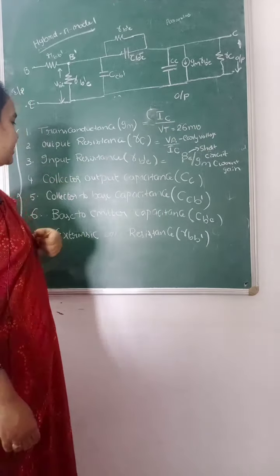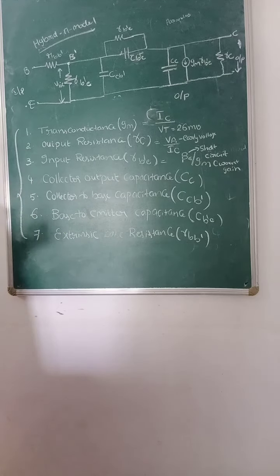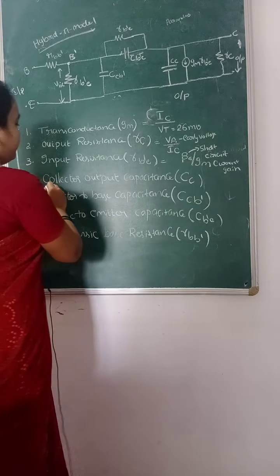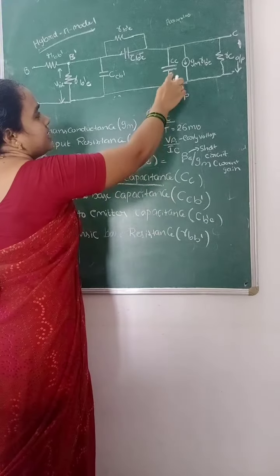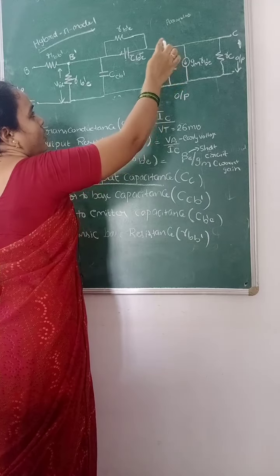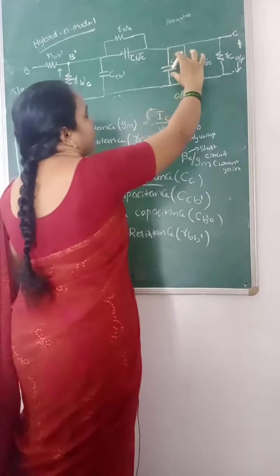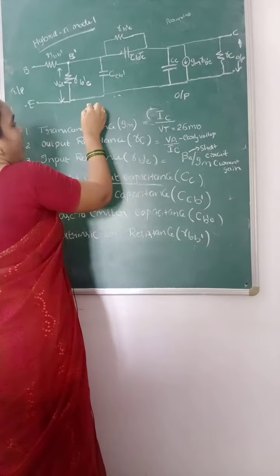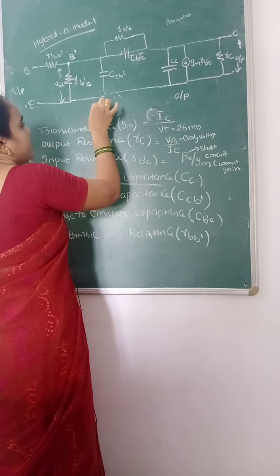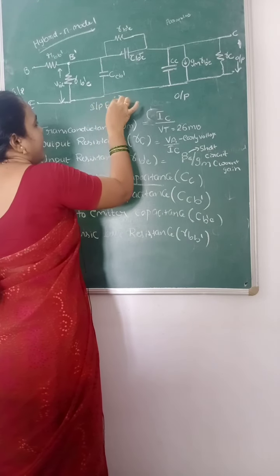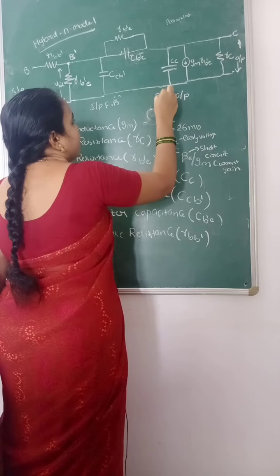IC by Vt. And the fourth one is collector output capacitance. This is the capacitance offered at the output circuit. Always the input circuit should be forward biased and the output circuit should be reverse biased.